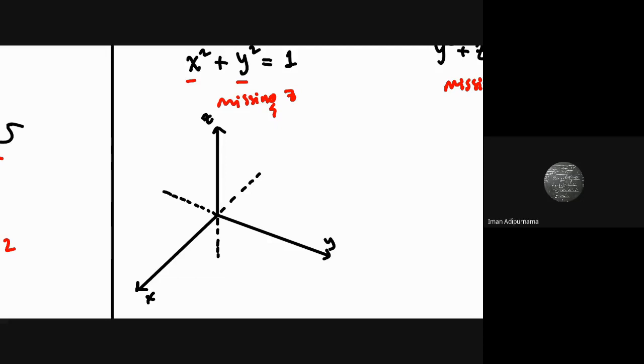Maybe we start from this origin, like that. And maybe I will draw another circle here, another circle here. Okay, that's our cylinder, a tube, a tubular.